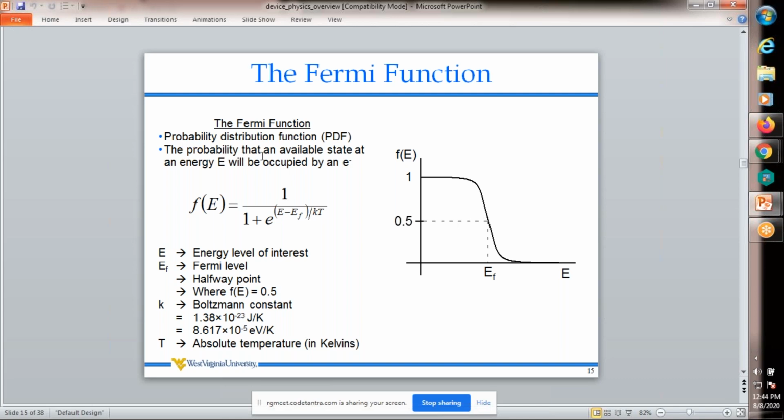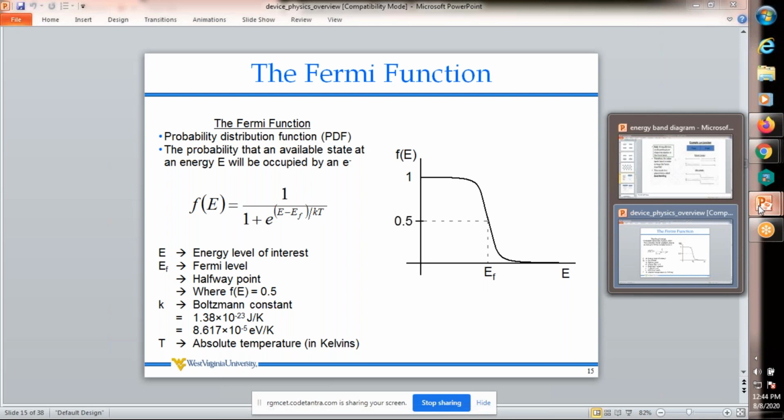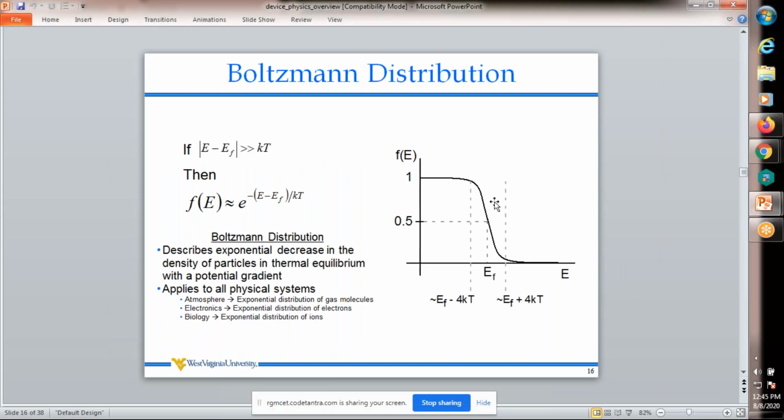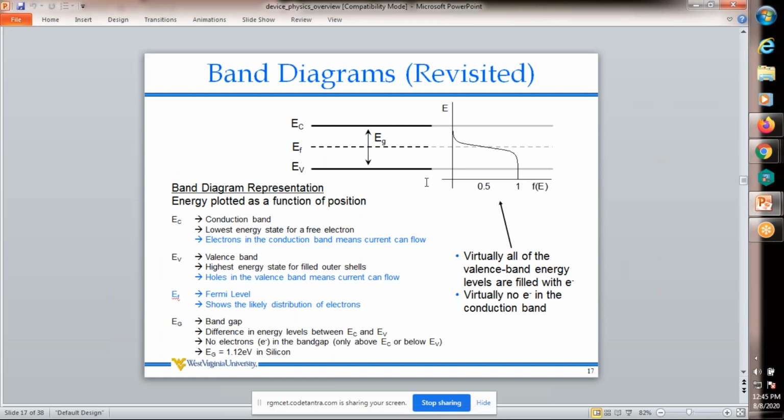The Fermi level gives the energy at which the probability that a state is occupied is approximately 50%, that is 0.5. Generally, if it is intrinsic, with a valence band and a conduction band, the Fermi level is exactly in the middle.